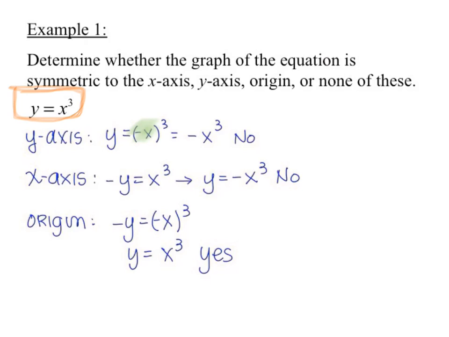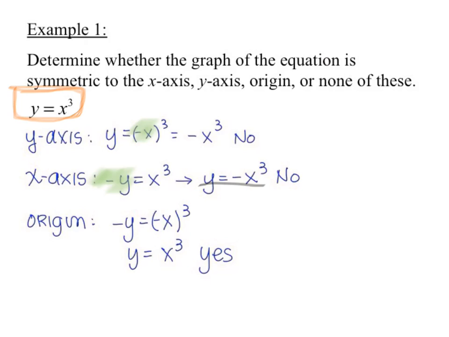X-axis, if you replace y with negative y, so this time we're replacing this, making that negative. But then we multiply through by negative 1, so we have y equals negative x cubed. Again, this does not match our original equation, so no, it's not symmetric about the x-axis either.